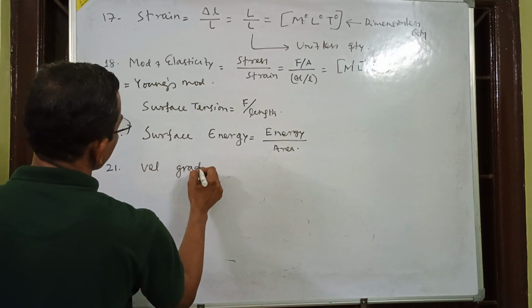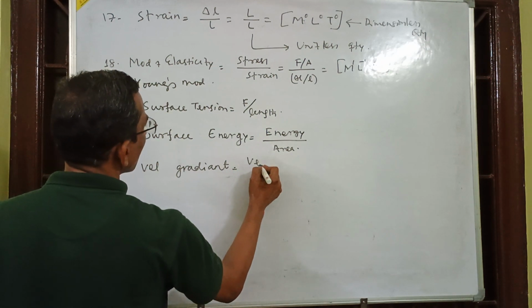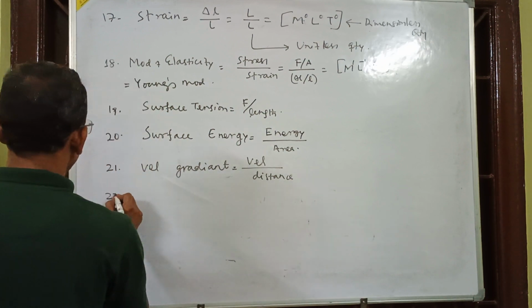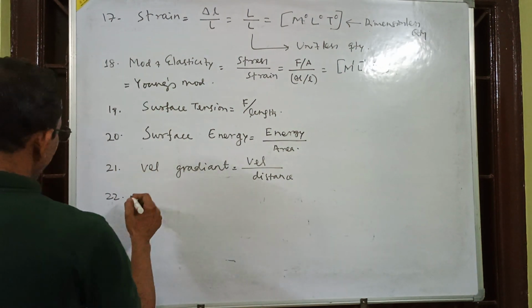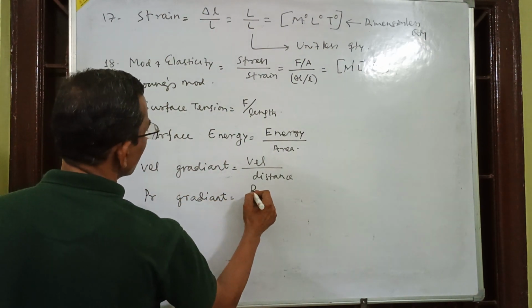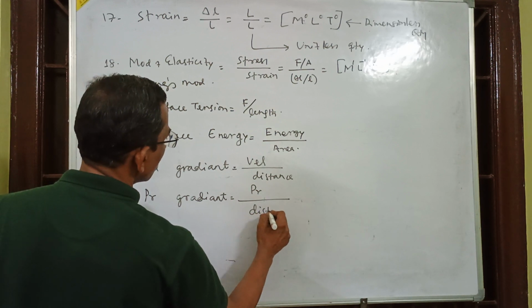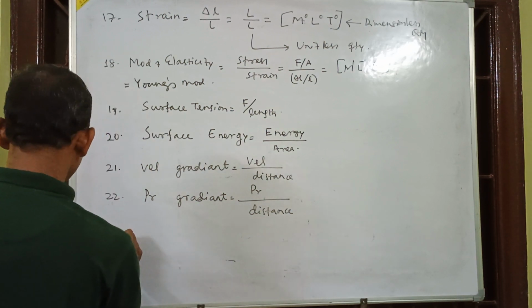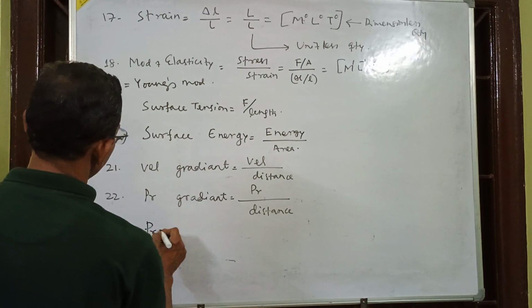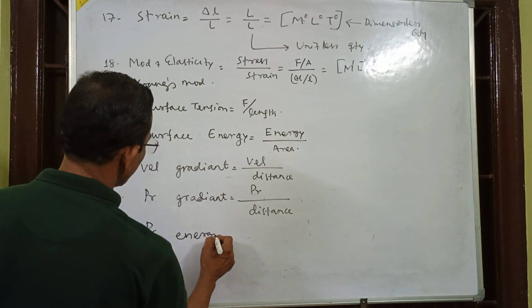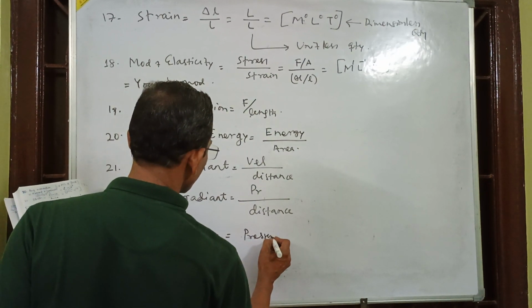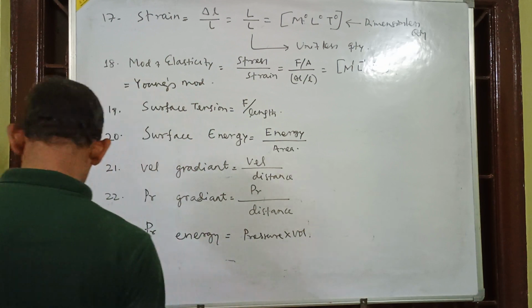Velocity gradient is velocity upon distance. Pressure gradient is pressure upon distance, and pressure energy is pressure times volume.